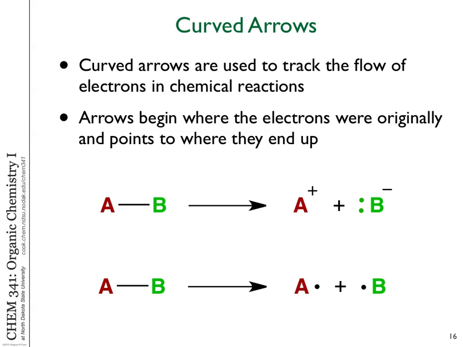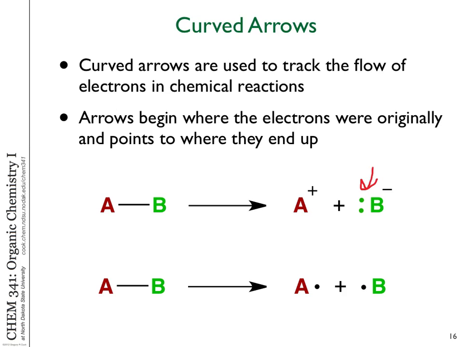So in this case, I've given you two simple examples of a molecule with a covalent bond, A bonded to B. And in this case, A and B break apart, and the electrons are ending up over here on the B. Right?